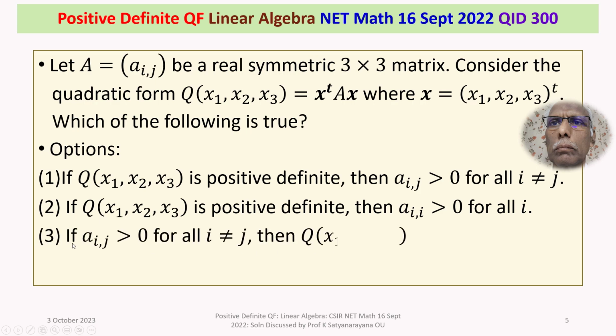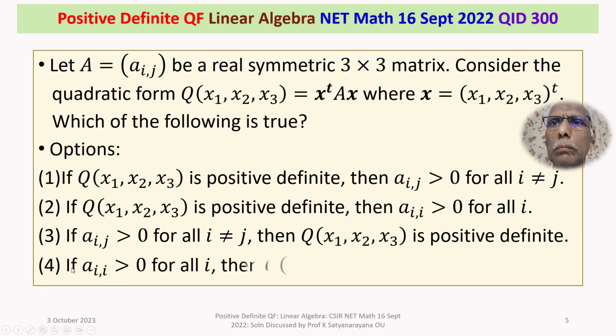Option 3, if Aij greater than 0 for all i not equal to j, then Q of x1, x2, x3 is positive definite. Option 4, if Aii greater than 0 for all i, then Q of x1, x2, x3 is positive definite.